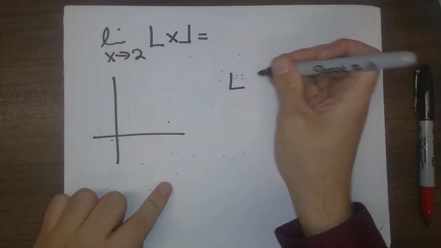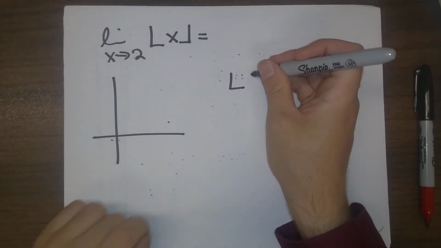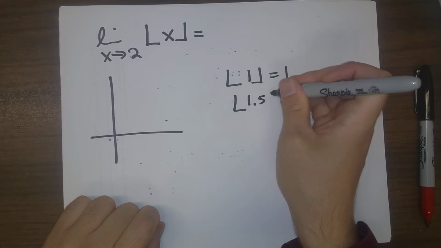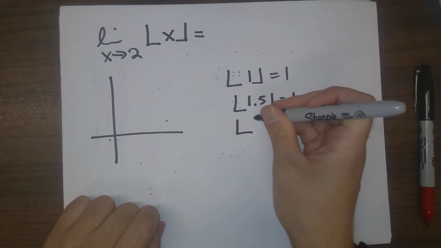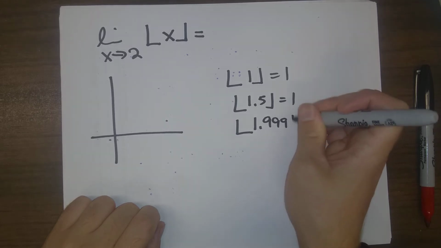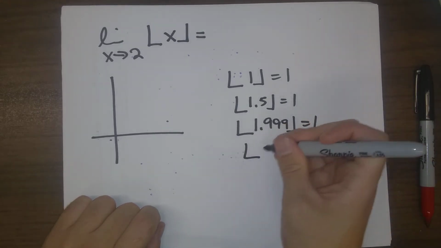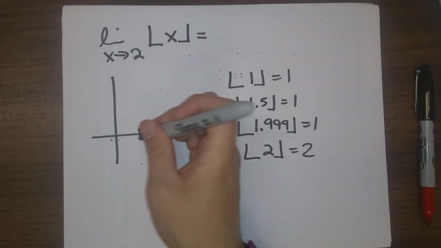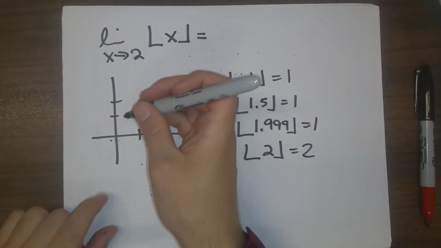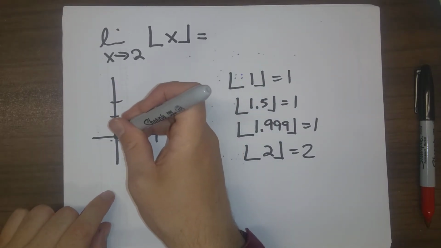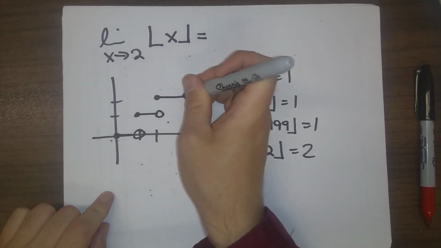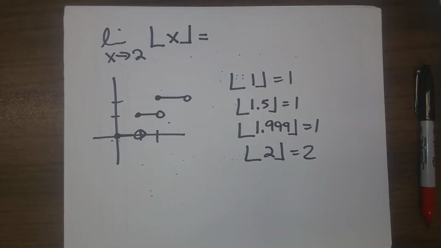So the floor function of 1 is 1, the floor function of 1.5 is 1, the floor function of 1.999 is 1. You always round down. The floor of 2 is 2. So 1, 2, 1, 2. Our picture basically looks like open, open, open, and so on and so forth.